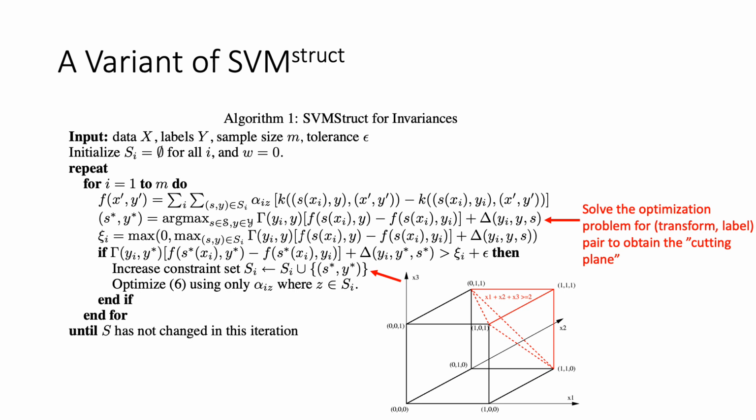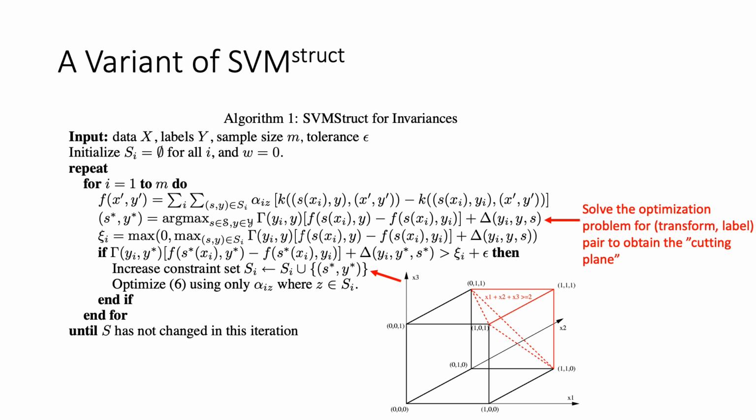Because that f of xy function will only go over the current working constraint set. This thing is called a cutting plane. It finds the cutting plane because later, as you can see in the algorithm, there's a potential for this to get added to the working constraint set. And if this gets added to the working constraint set, visually what it does is it collapses the feasible region of the optimization problem.